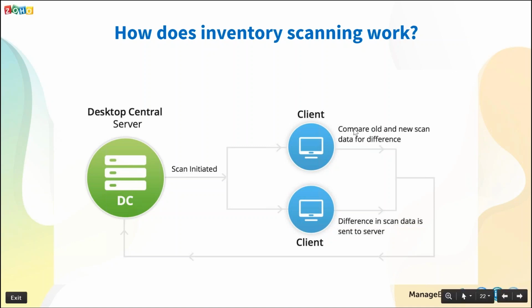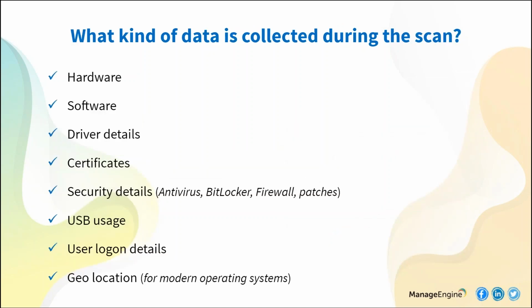This way, when only the difference data is what is posted back to the server, the load on Desktop Central server is reduced to a greater extent. During such asset scans, what kind of asset data is collected?